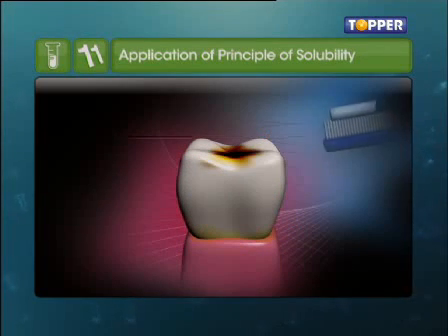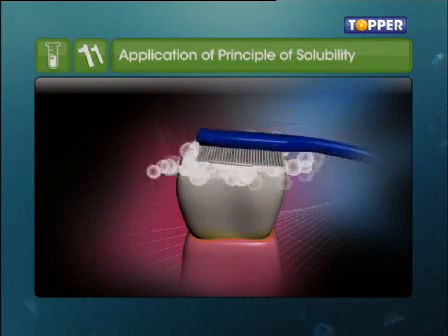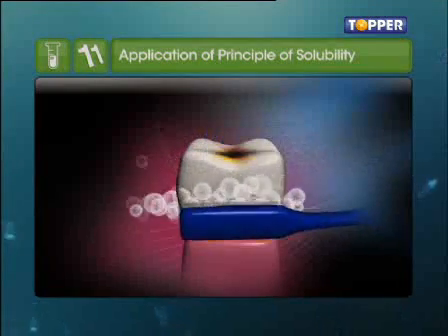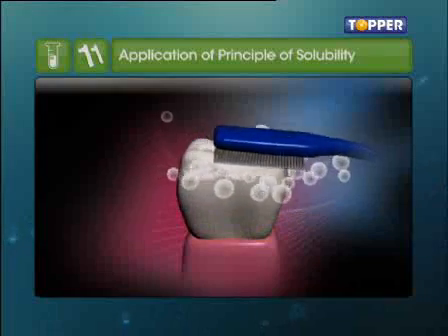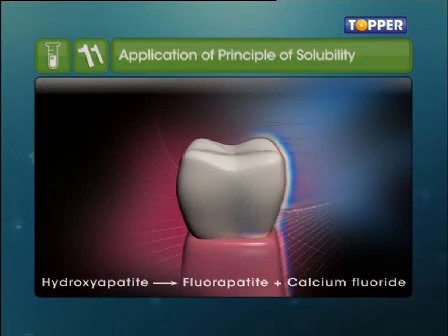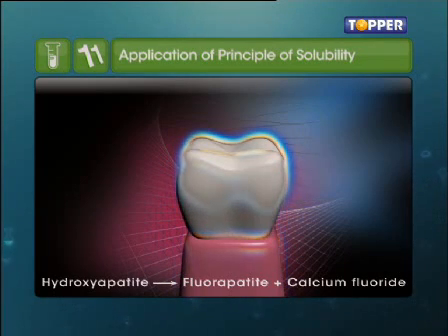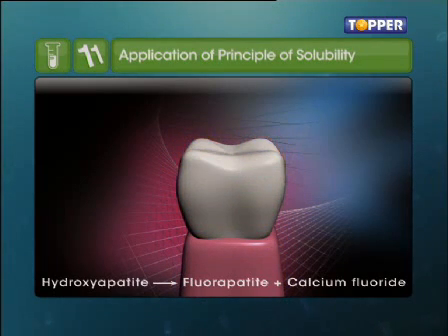But when we brush our teeth with toothpastes containing fluoride, the fluoride replaces the hydroxide in hydroxyapatite to produce fluoroapatite and calcium fluoride. Both these salts are less soluble in acids than the original enamel. So, principles of solubility are used to protect our teeth and help prevent decay.